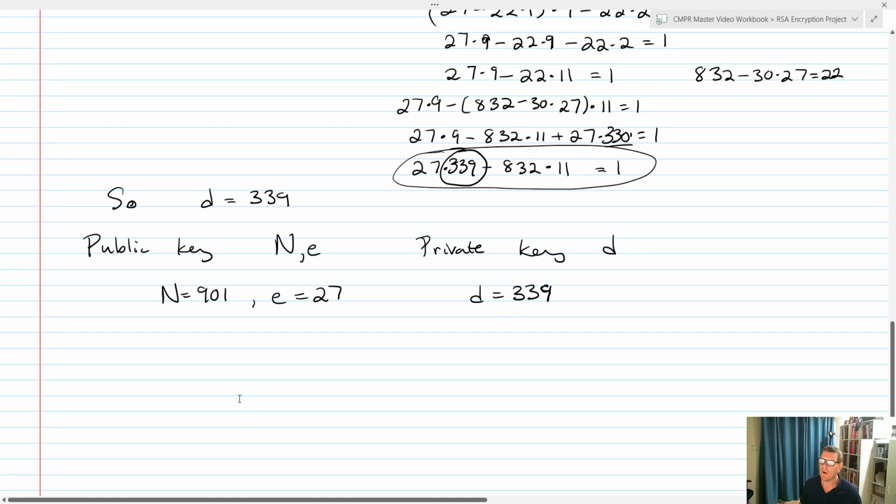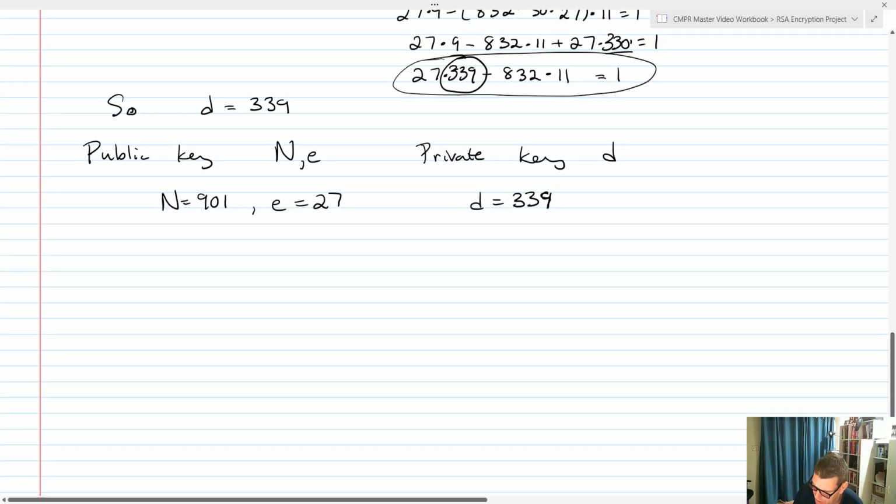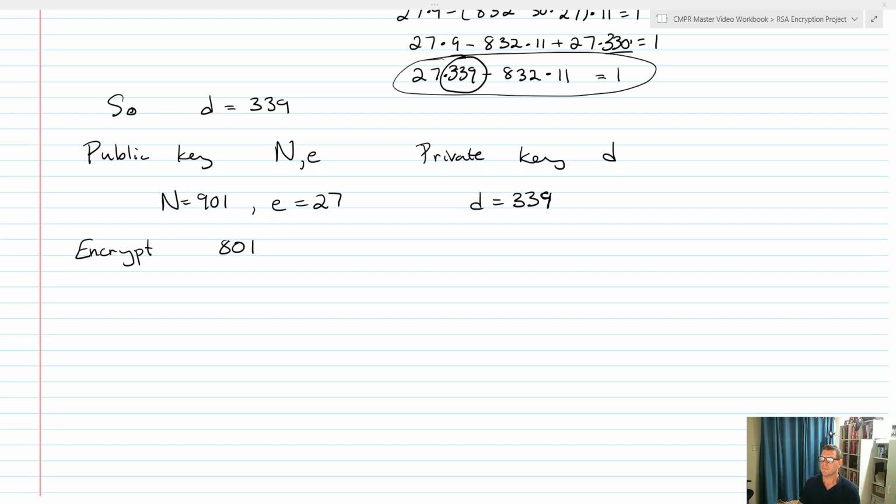What we need to do now is actually go in and encrypt using our encryption key. Okay? So I'm going to select a number. I'm going to encrypt 801. The number 801. And we'll have a very special way of going about doing that encryption.